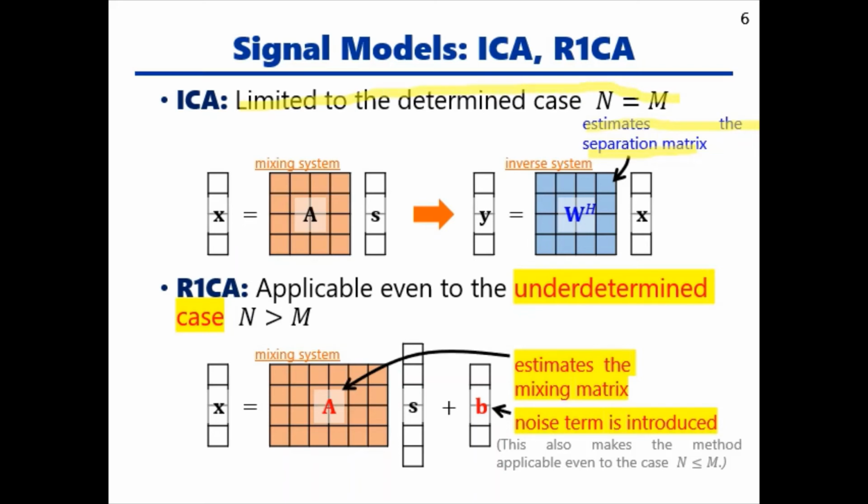In contrast, R1CA directly estimates the mixing matrix modeling the original mixing system, and this makes this method applicable even to the underdetermined case. Moreover, a noise term is introduced to deal with background noise.